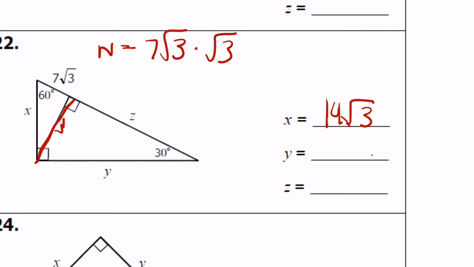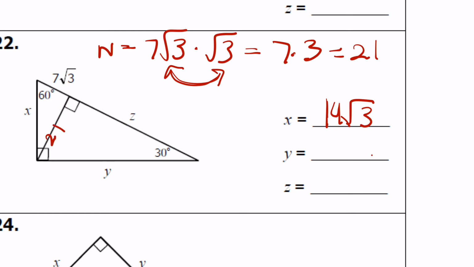I wanted to show you this because remember what happens when we take the square root of something times itself. That radical just goes away. That leaves us with 7 times 3, which equals 21. So this little side here is equal to 21.